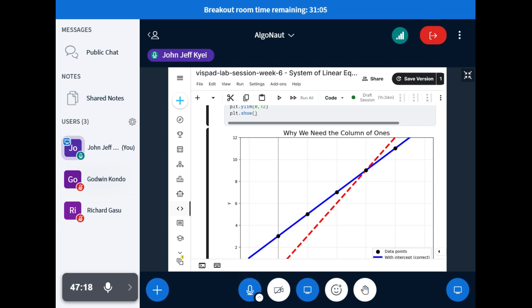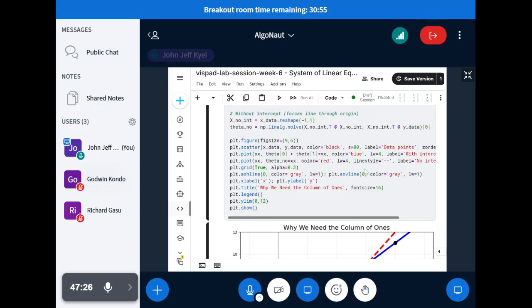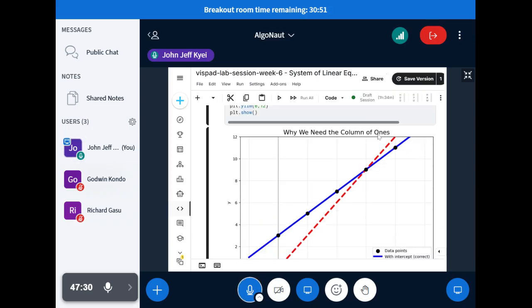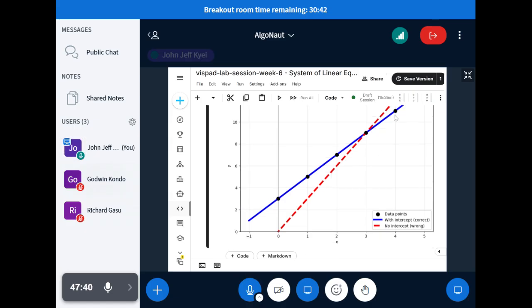You always have to design your matrix so that it doesn't fall prey to the y-intercept bias. So you add a column of ones, or you design a matrix to have a column of ones, and then it's going to get you the line of best fit more accurately based on your data.